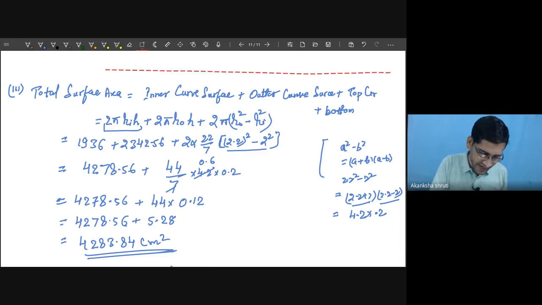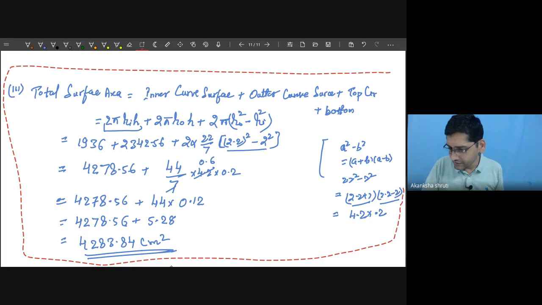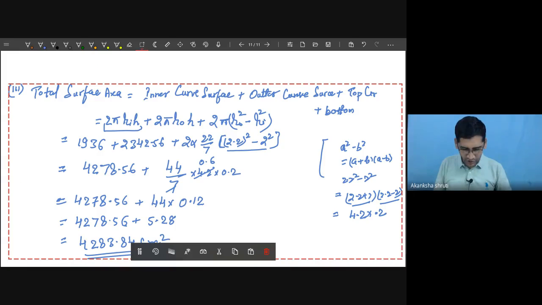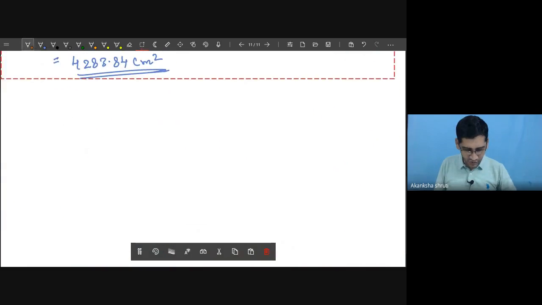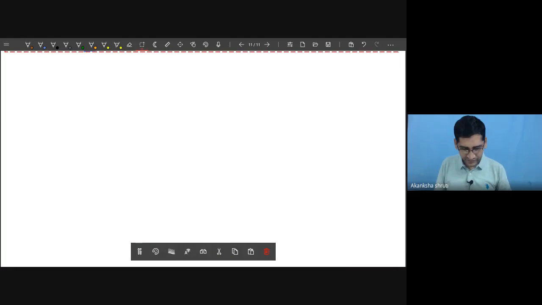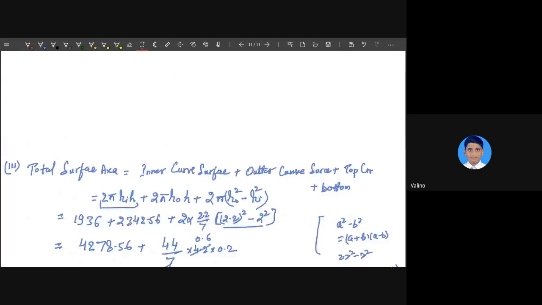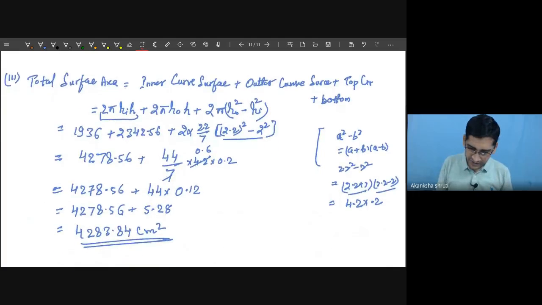Student, in the same question in the next exercise you will be asked for calculating the volume. So what to do? Volume is even easier than this one. I'm going to explain that concept: pi R square H. Good. But in this case, how can the volume be obtained?